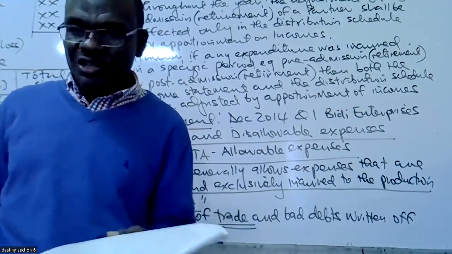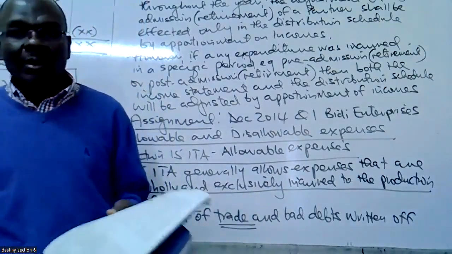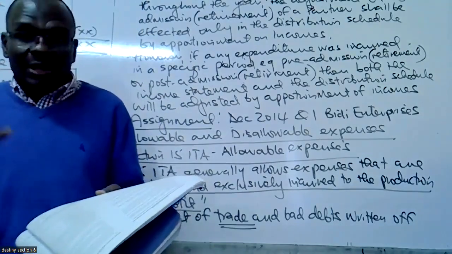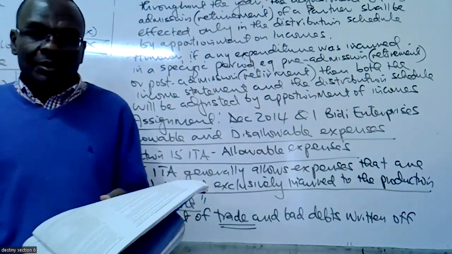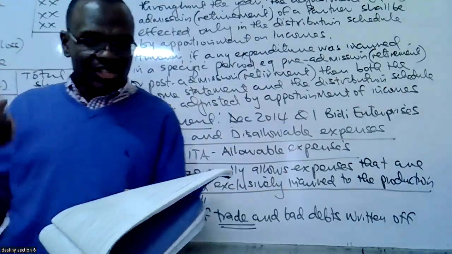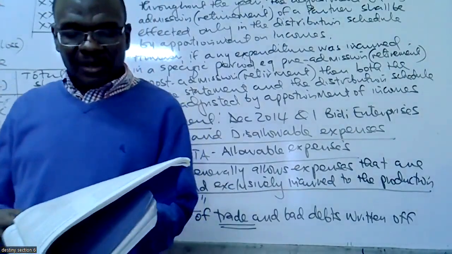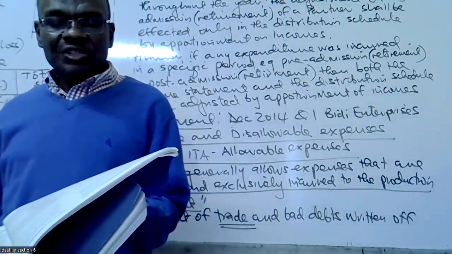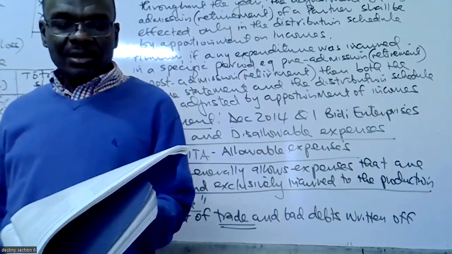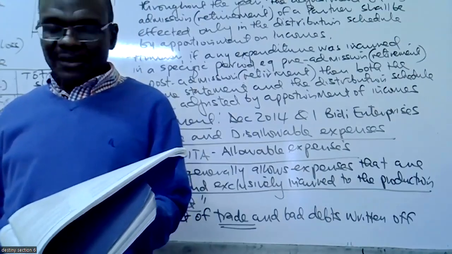So there are regulations to regulate the charitable donations, but the donations shall be treated as allowable expenses. The regulations are in the Income Tax Regulations of 2007.